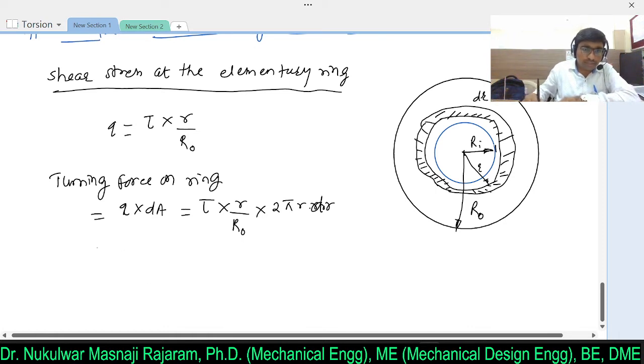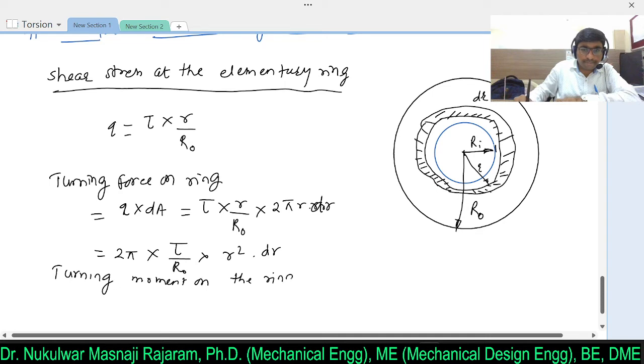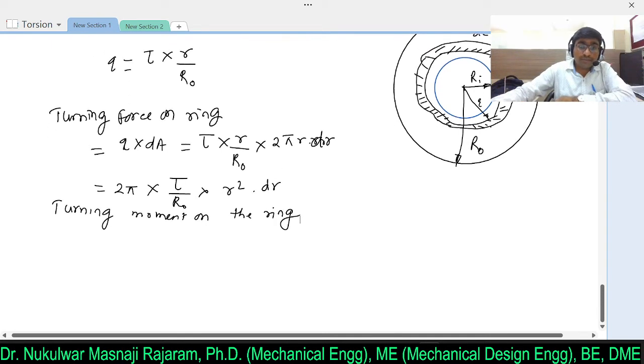Simple. So I will rewrite this equation, that is 2 pi into tau divided by Ro into r square into dr. Now next is turning moment on the ring. Turning moment on the ring. So we must multiply with the radius r.